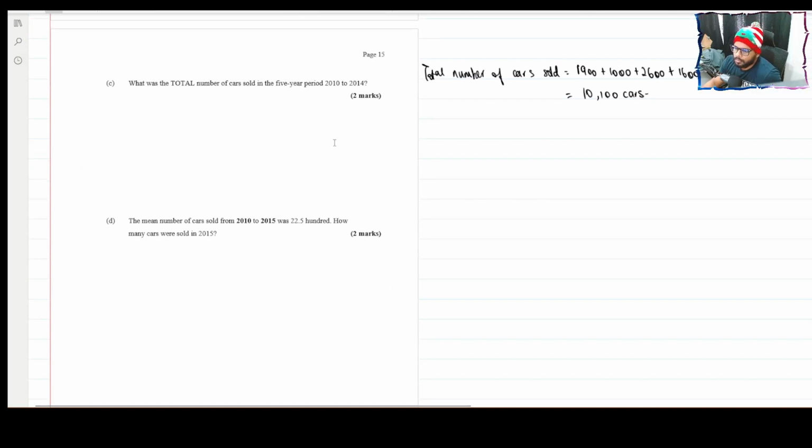The mean number of cars sold from 2010 to 2015 was 22,500. How many cars were sold in 2015? So the mean was 22,500, which is 225 in hundreds, so 2250 was the mean.